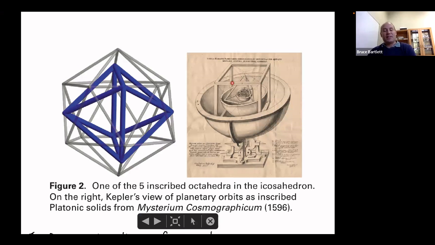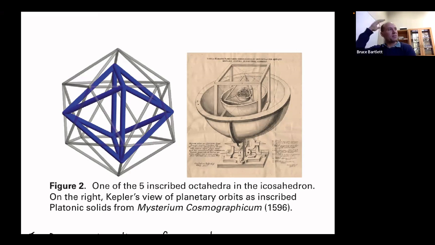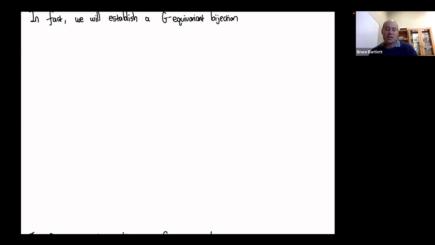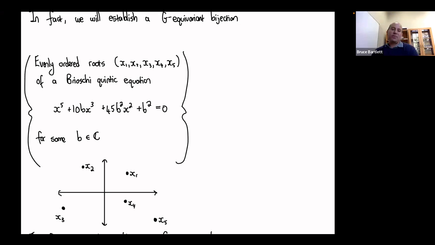So this idea of inscribed Platonic solids goes back to Kepler, who came up with a model for the solar system based on this idea. The planetary orbits were sort of the inscribed Platonic solids. So in fact, we will establish a G-equivariant bijection between the following two sets.